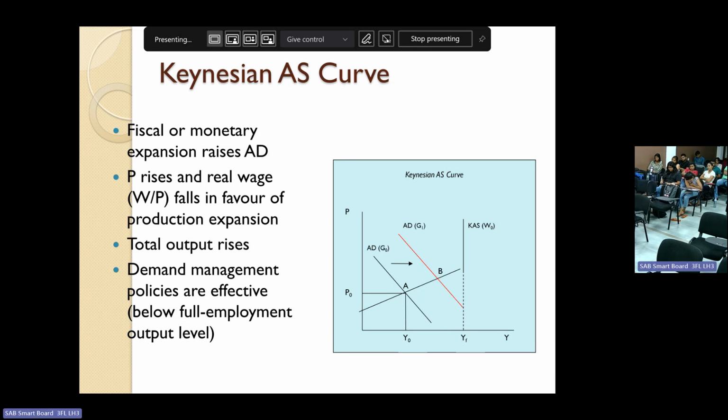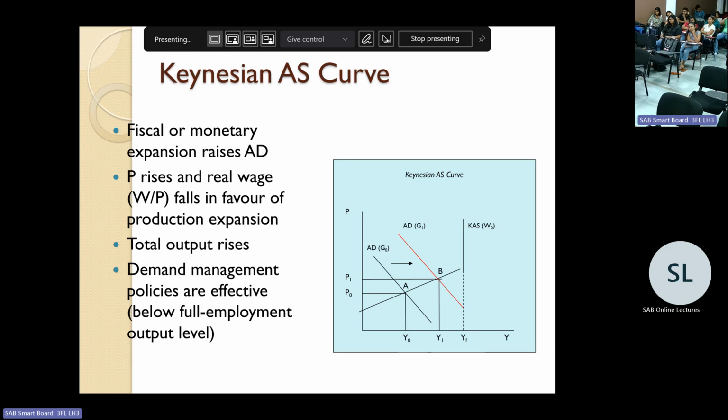Once the economy reaches full employment, or is running at full capacity, there's no meaning in raising the expenditure, because that will just raise the price level. So this is effective until it reaches the full employment level. That's the demand management policy below full employment.